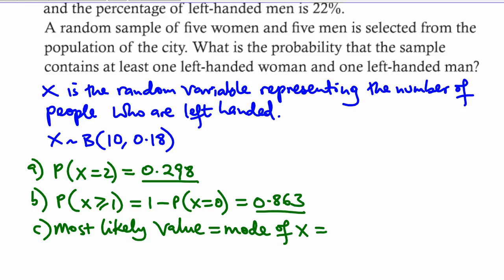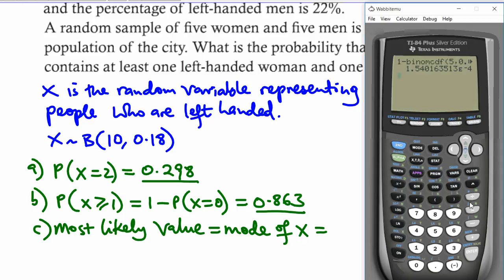So if I go on my calculator, start, edit, I'm just going to clear all these probabilities. I'll add up to 10.